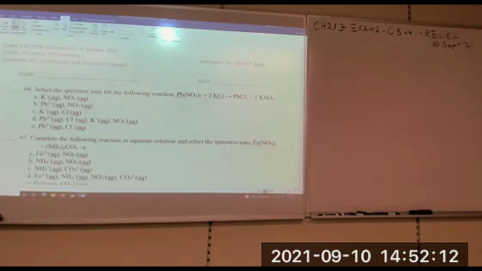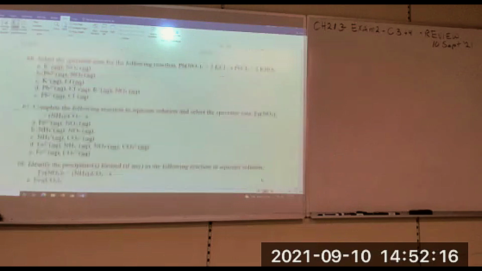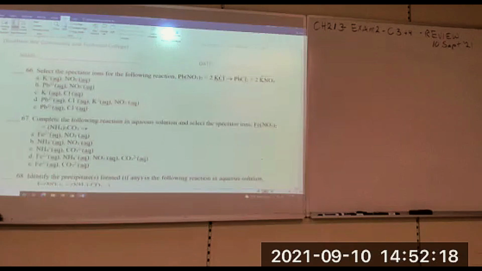Oh, okay. Here we do have a net ionic equation because there's a mention of spectator ions right here. That means we had to discuss it in that chapter. So what are the spectator ions here? Well, you have to look at the phases of each one.